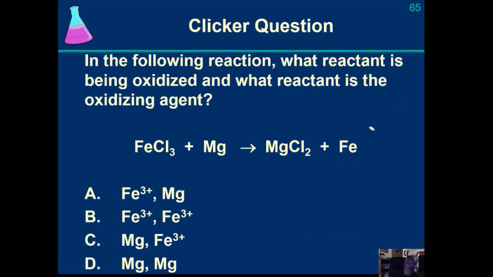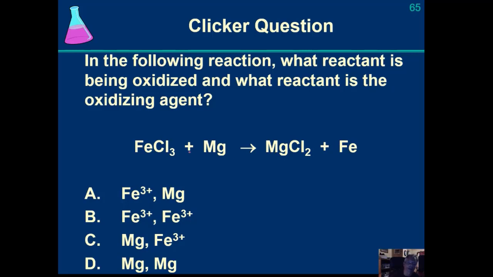Okay, just a few more slides and we'll be done with this section, and one more video and we'll be done with the chapter. So here we go. In the following reaction, what reactant is being oxidized and what reactant is the oxidizing agent? Well, the first thing we want to do is balance this reaction. So I've got 1 iron, that's not going to hold up.